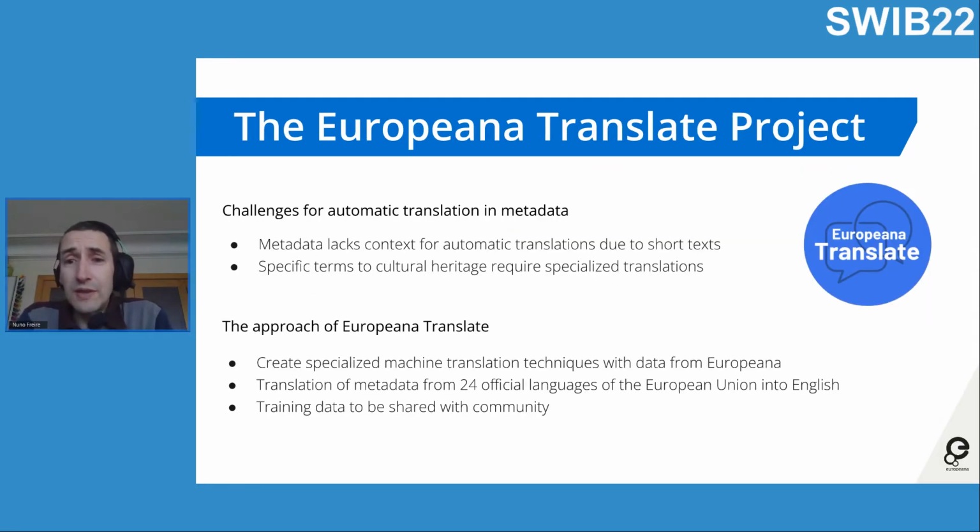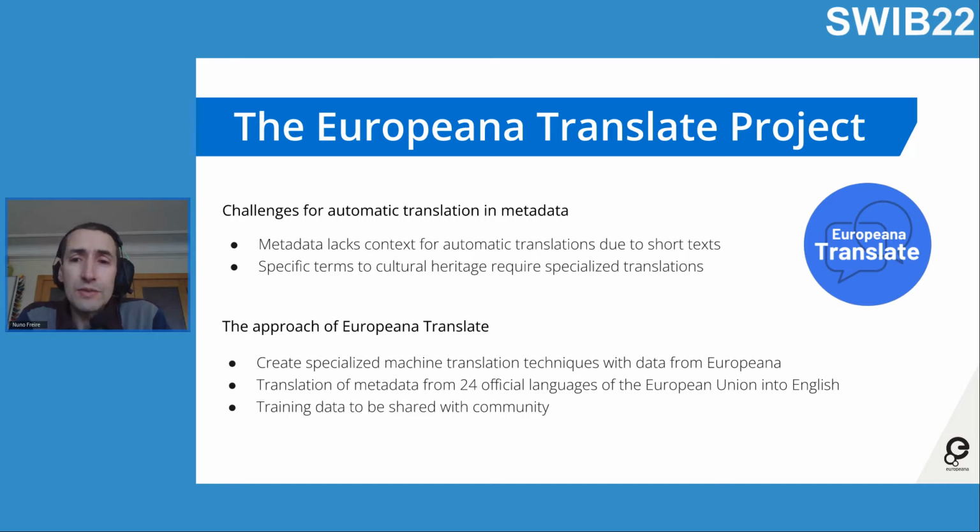We are also motivated by one project in this area around Europeana, which is the Europeana Translate project, which is tackling automatic translation focused on metadata from cultural heritage. It's tackling some challenges of this particular case, which is the fact that metadata often lacks context for automatic translations, because the text in the metadata is very often a bit too short.